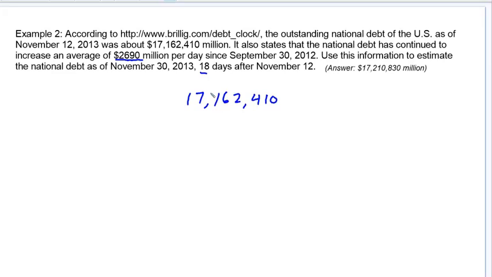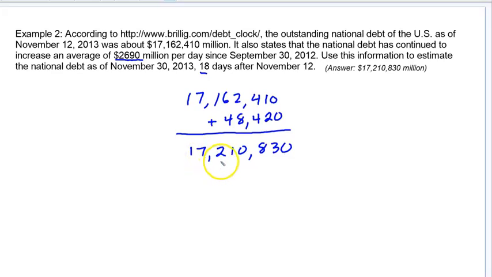So 2690 times 18 is 48,420. Now that's in millions. And then we just add these together. So it's still over 17 trillion, but it's obviously a little bit higher.